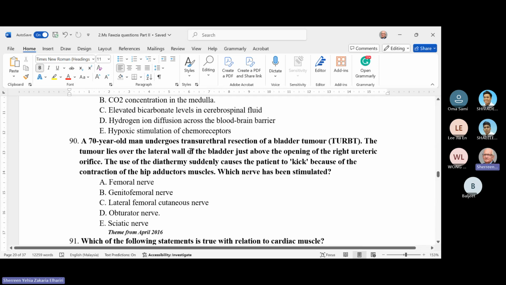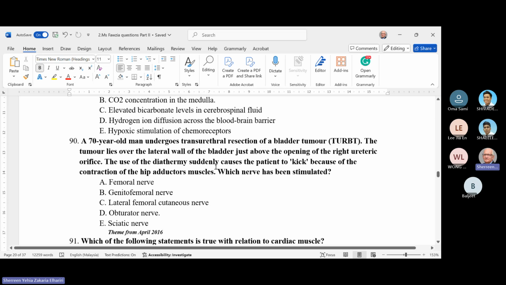Next question. He speaks about something, of course, it is an anatomy question. A 70 years old man undergoes transurethral resection of bladder tumor. The tumor lies over the lateral wall of the bladder, just above the opening of the right ureteric orifice. The diathermy suddenly caused the patient to kick because of contraction of the adductor muscle.